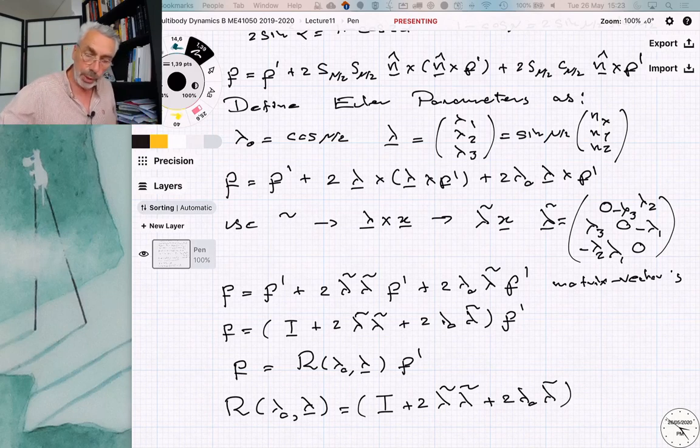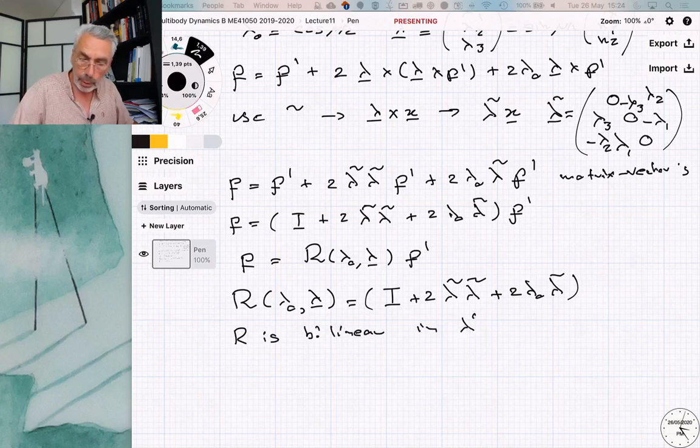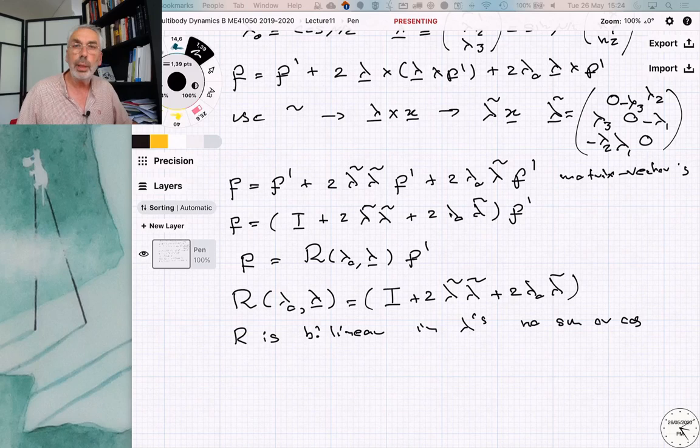A few words. Why is this beneficial? Well, first of all, R is bilinear in the lambdas. So you have no sine or cosine to calculate. If you take the first derivative of this with respect to lambda, you get linear in lambda, and if you take the second derivative of this one, you get just constants.